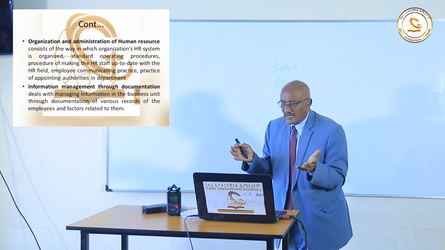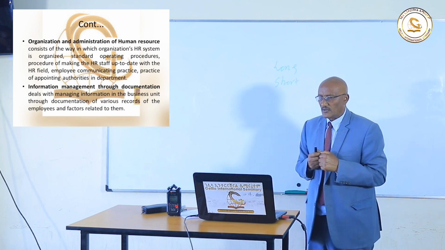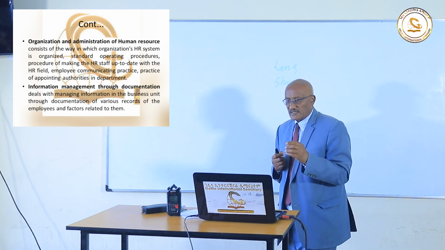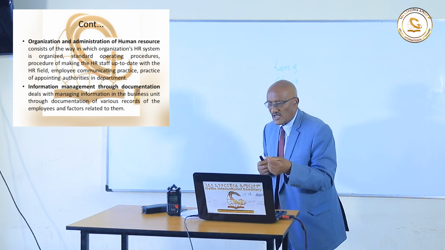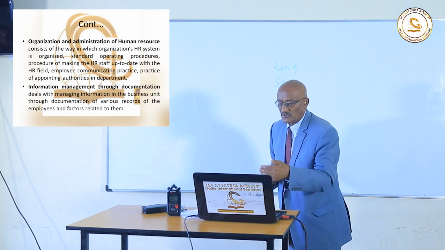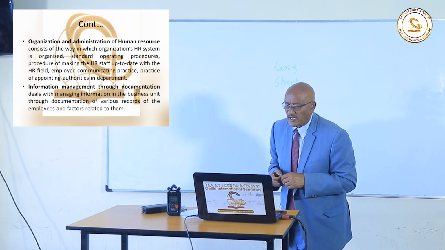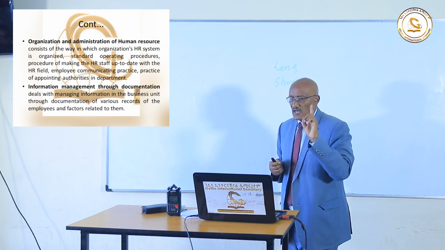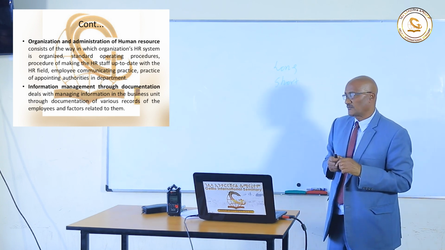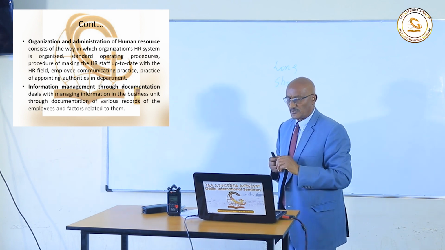Is there a kind of standard operating procedure of making the human resource staff up to date with the human resource field? Employee communication practices and practices of appointing authorities in the department. This is about organization and administration of human resource.